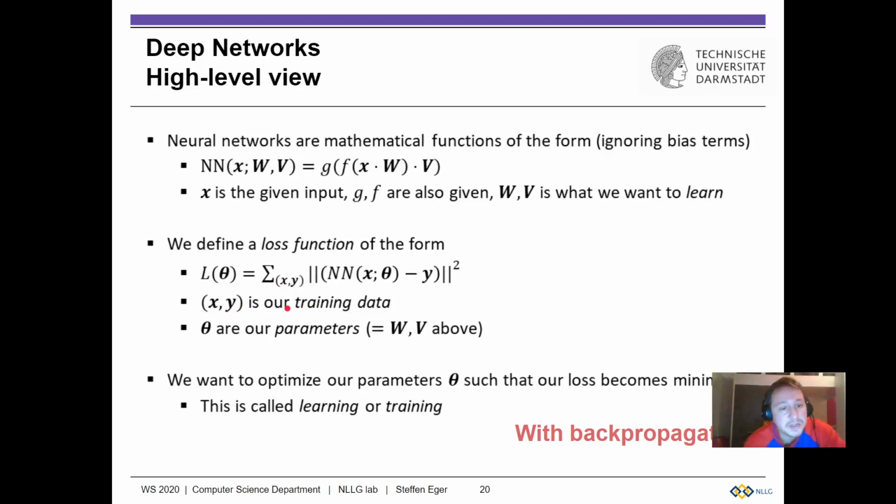We always have a data set which gives us instances and examples of what we should learn. For example, each instance could be a picture and a label, or each instance could be a sentence and its label. So we say this picture is a cat, or this newspaper document is actually about politics. So these are our examples.